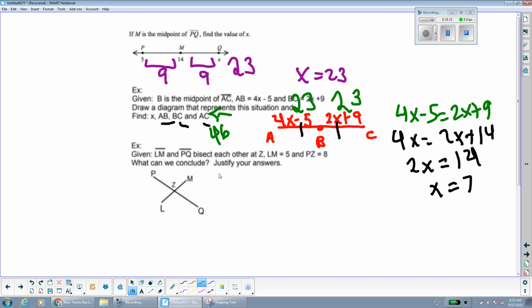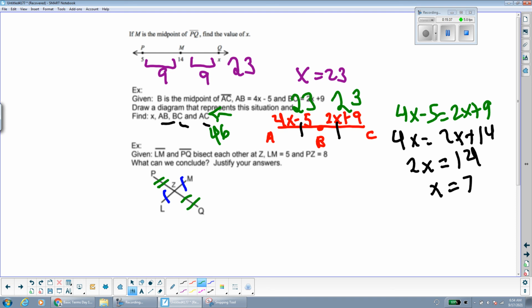And finally, the last example here tells us that LM and PQ bisect each other at Z. What that means is that they cut each other equally in half. So LM is being split into two equal parts, and PQ is being split into two equal parts.